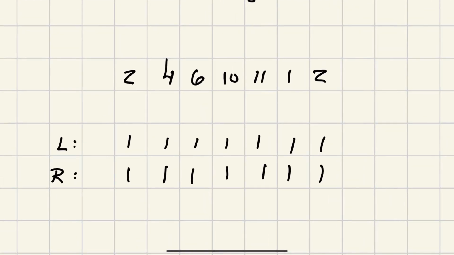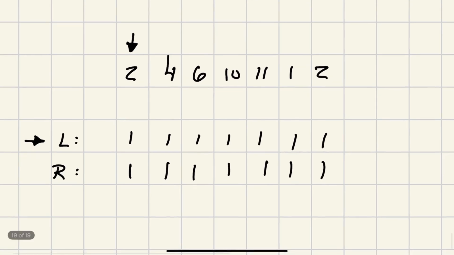Okay, now we can do the left one first. These are done separately, we won't do them at the same time. For the left, we will go through the array in order. And how do we do that? Well, we start at this 2, and we take whatever the previous term times that 2 is, and that would be 1 times 2.